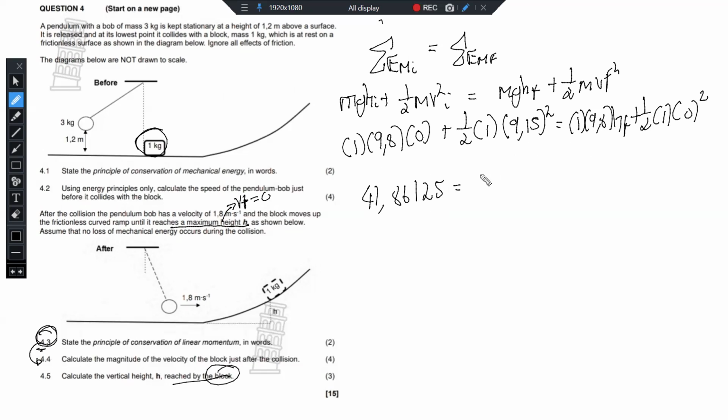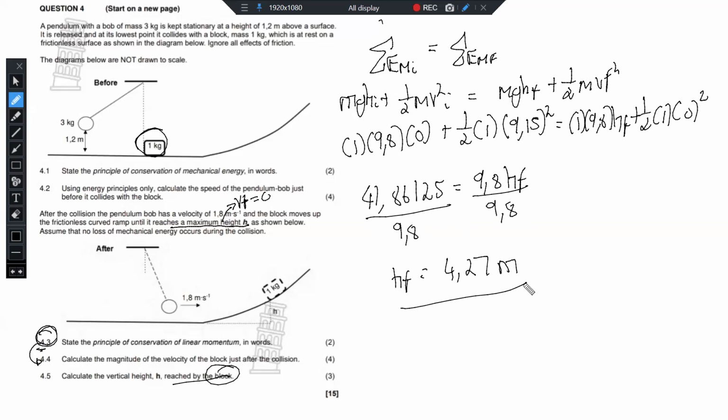And then here, this will just give me 9.8 height finally. Then divide both sides by 9.8. My height finally, if we take that and divide by 9.8, is 4.27 meters. Right. That's how you were supposed to calculate that, correct? So that's the height reached by the block.